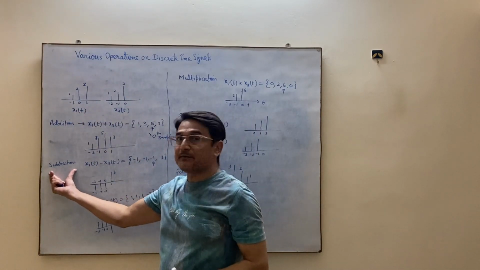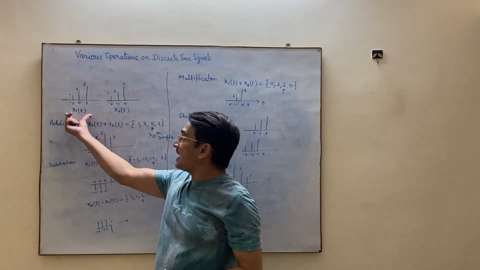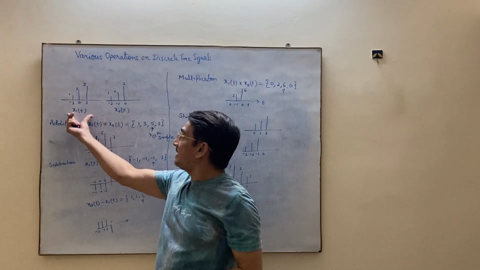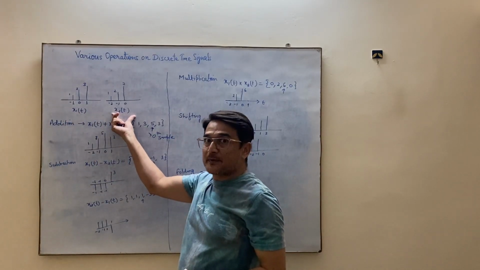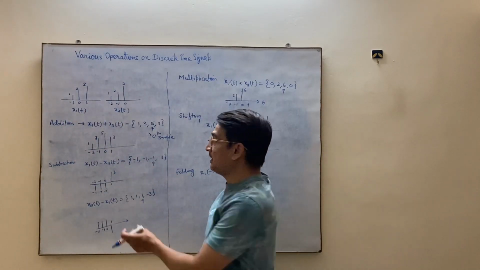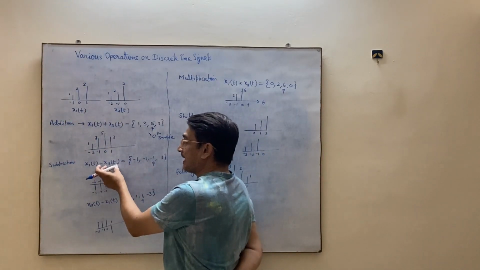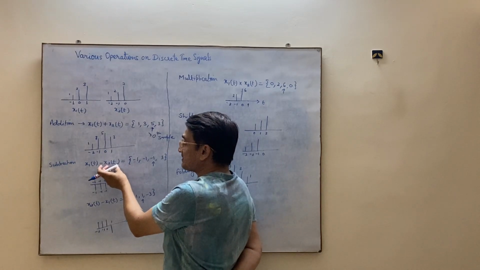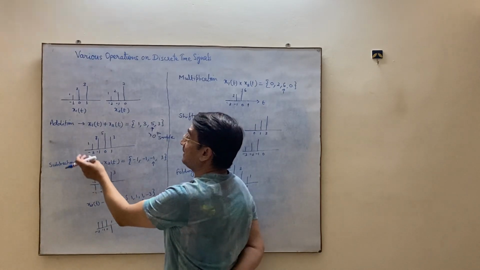Now we will see subtraction. Subtraction means I can subtract x1(t) from x2(t) or x2(t) from x1(t). I have shown both. First we will see x1(t) minus x2(t), that means x2(t) subtracted from x1(t).